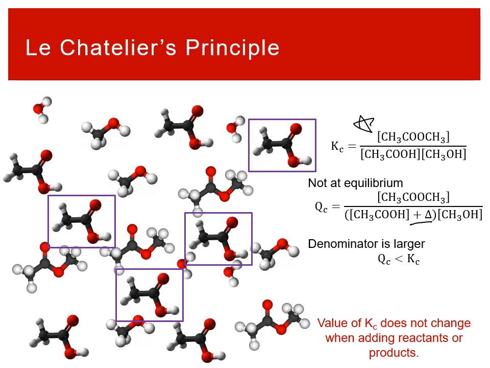So if the denominator is larger in my Q, that means Q is now lower than K. If my reaction quotient Q is smaller than the equilibrium constant, the reaction is going to shift to products to get back to equilibrium. So the equilibrium constant hasn't changed. I've just taken the system out of equilibrium, and now it wants to get back to equilibrium by shifting to products.